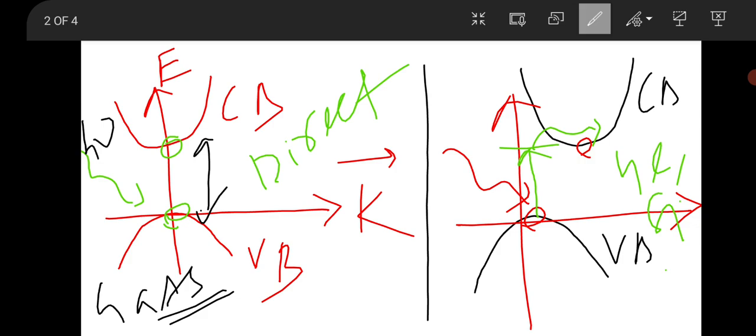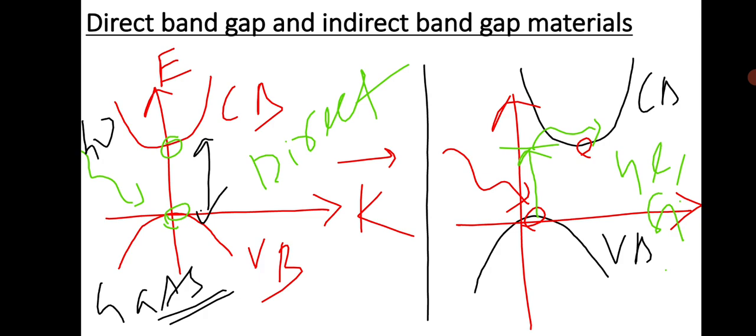I hope you got the point about direct band gap material and indirect band gap material. It's the most famous thing in semiconductor physics. So I am going to apply this concept and relate it to Teachers Day, and I would like to dedicate this slide to all the teachers.